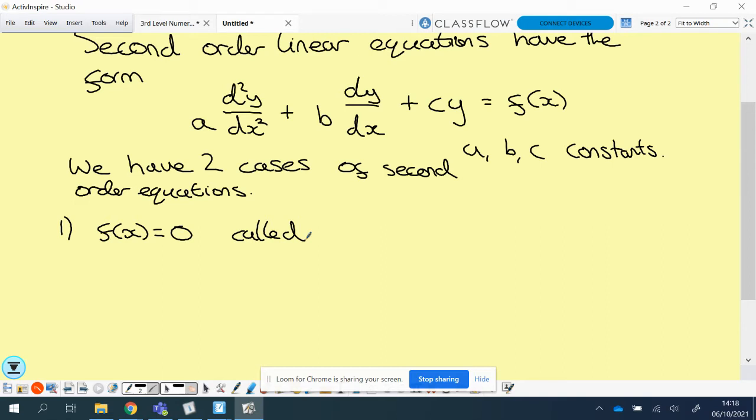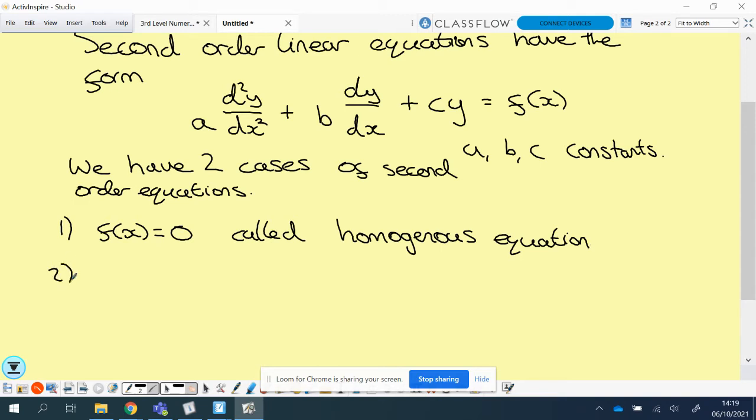I'll write the word down and you can see how you would say it. I would call that homogeneous, but I know other people call it homogeneous, so whatever you've heard in other subjects. But it's called the homogeneous equation when there's no right-hand side, f of x is 0.